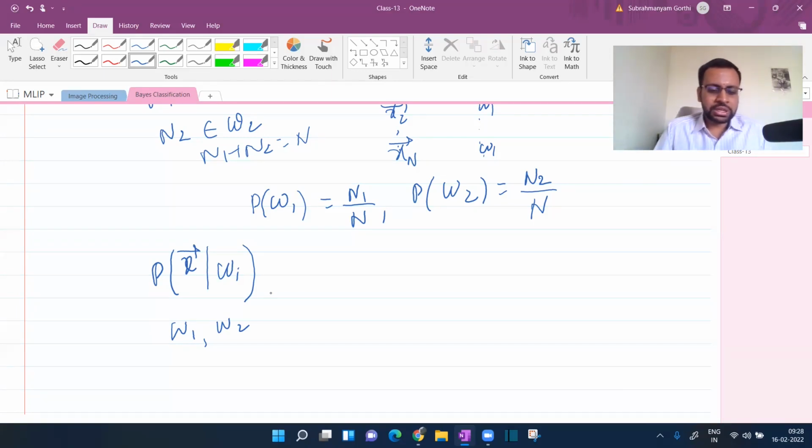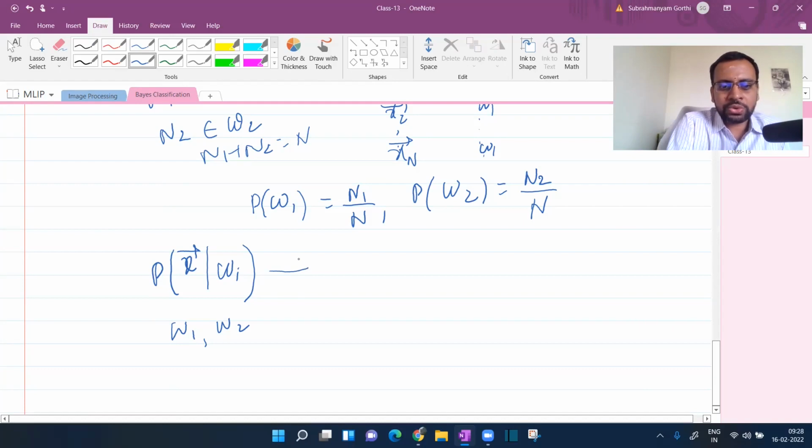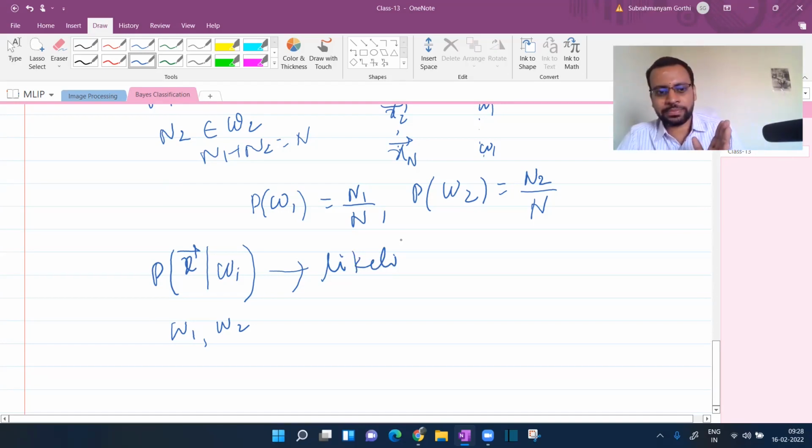And so this is also referred to as the likelihood function. How likely is it that this has this value?